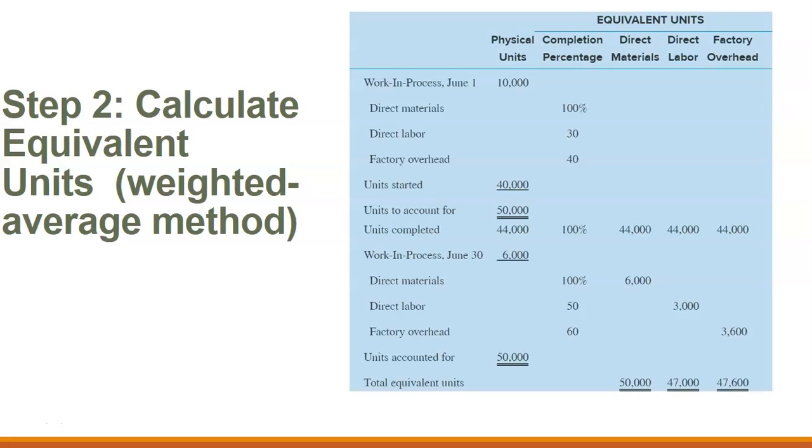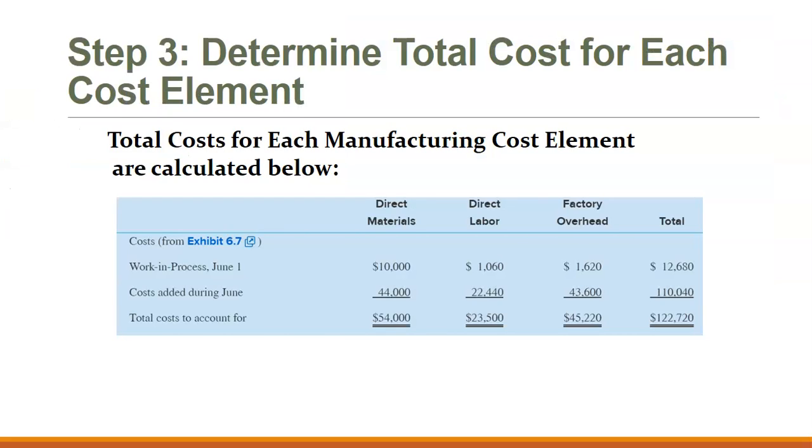We had 6,000 left in process at the end of the month. They were 100% complete for direct materials, 50% complete for labor, and 60% for factory overhead. This gives us total equivalent units for direct materials of 50,000, direct labor 47,000, and factory overhead 47,600.